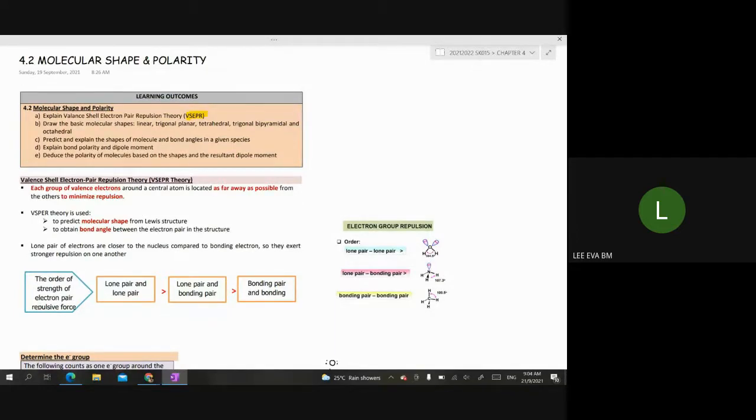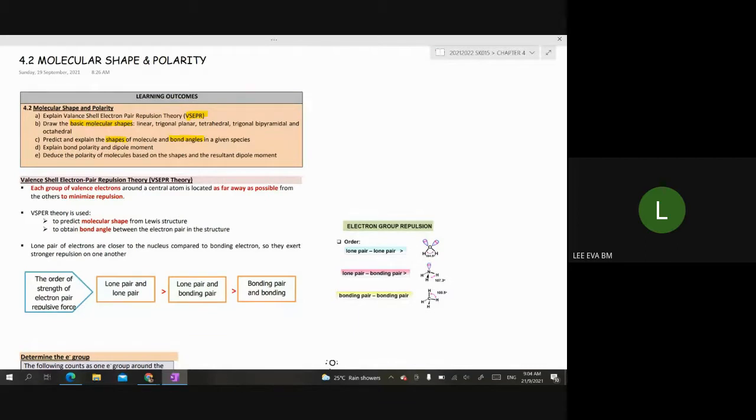Okay, or in full, valence shell electron pair repulsion theory. Okay, we want to draw the basic molecular shape. There are 5 altogether. And then we want to predict and explain what is the shape of that molecule and the bond angle between them. Okay, and then for D and E will be at next hour on the coming lesson.